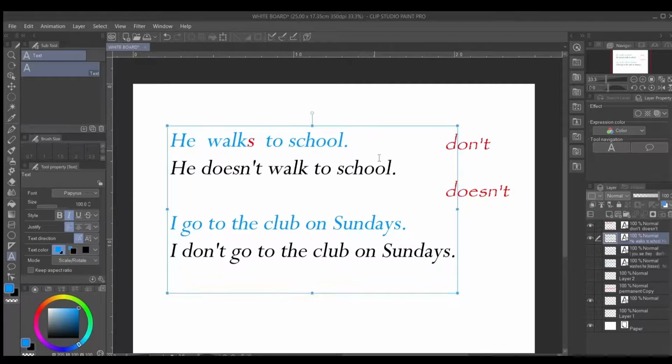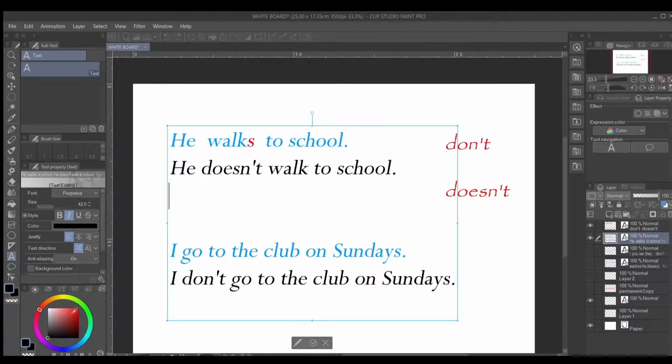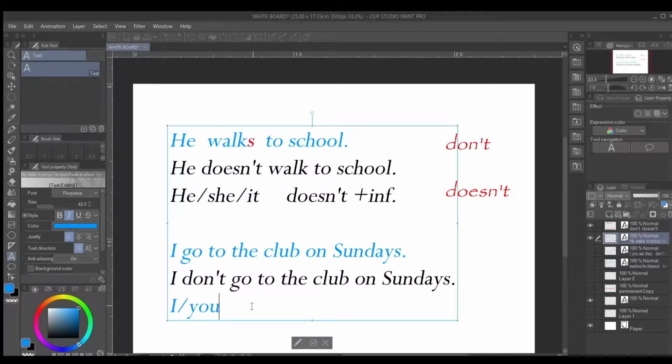So now we can form a rule. Create the rule together. He, she, and it have doesn't plus the infinitive, while I, you, we, and they take don't plus the infinitive.